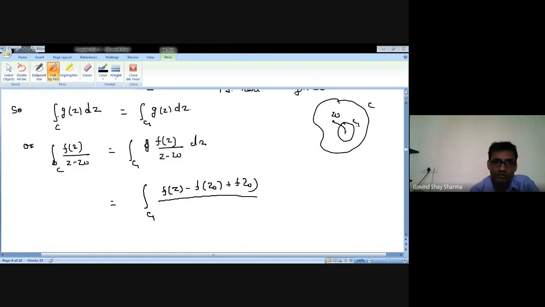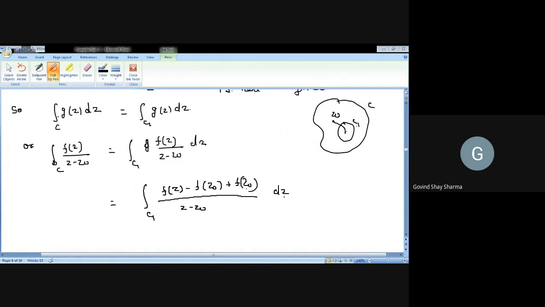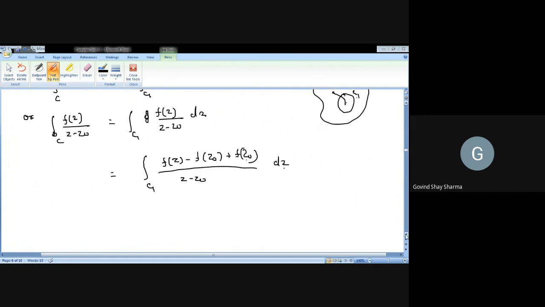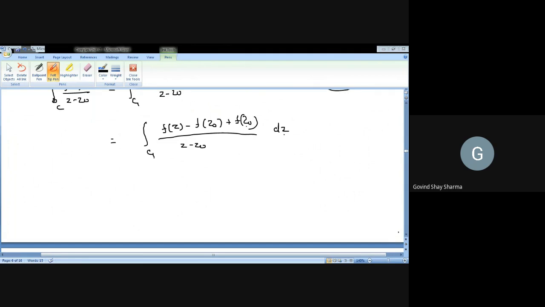At the point z0, the function value is f(z0). So we get the integral of f(z) upon z minus z0 dz equals the integral of f(z) minus f(z0) upon z minus z0 dz, plus f(z0) times the integral of dz upon z minus z0, on c1.